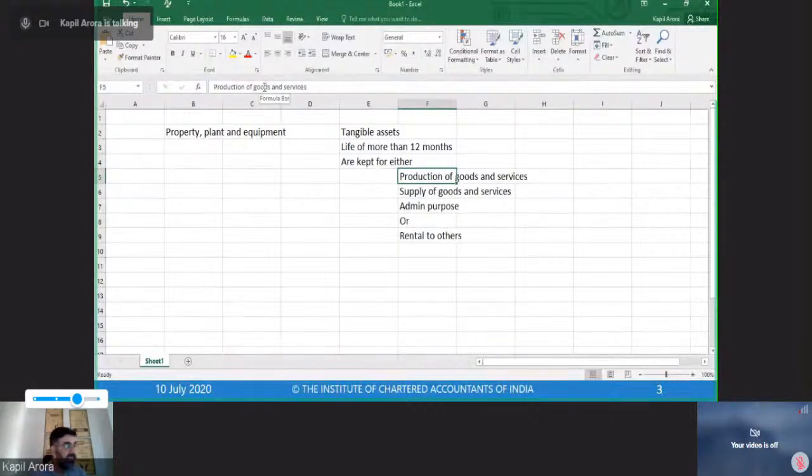So Joseph and Payal have mentioned, when it is production of goods and services, it is machinery, plant, my factory. What could be supply of goods and services then?